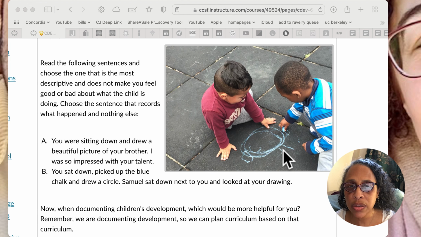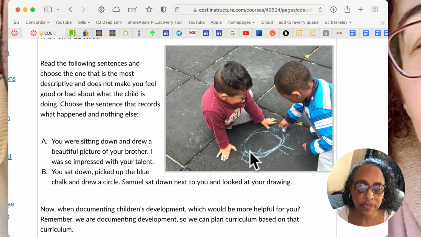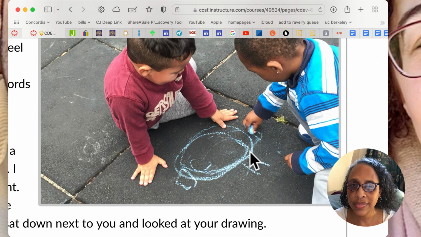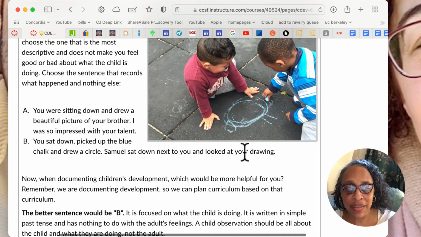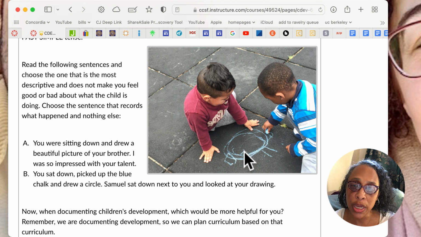Which one do you think is the better choice for this picture? Well, Josanne, you read it already, huh? She is right. It is the second one. You want to know why? Because of "beautiful picture." You want to avoid putting judgment on anything the children do.